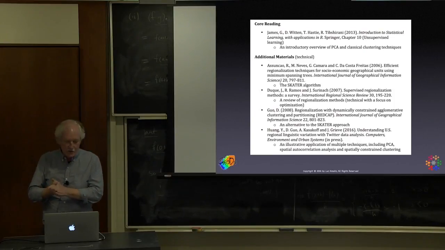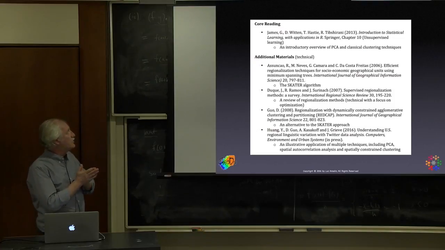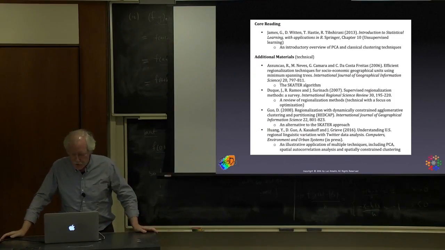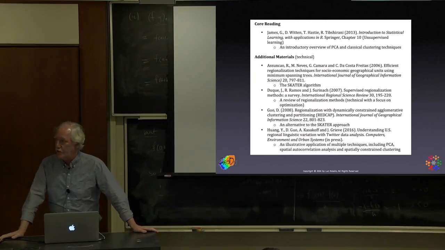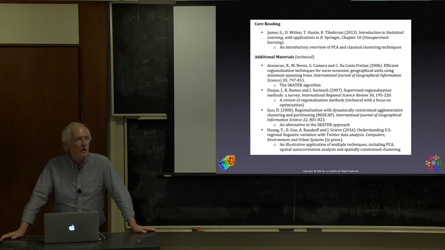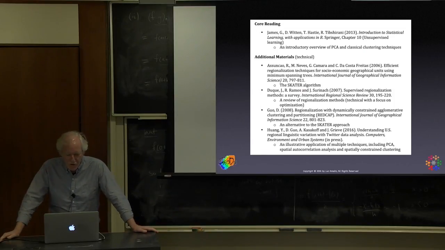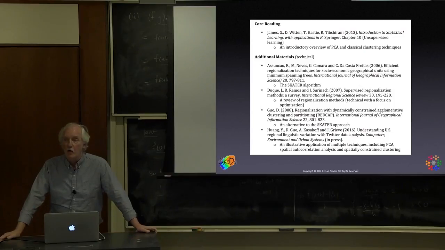So the readings, as I usually give you, this first reading is nothing spatial to it. It's about principal components and classical clustering techniques, which I'm assuming many, if not most of you, are not familiar with. If you are, then I could have done this lecture completely differently. But there's a very readable overview.